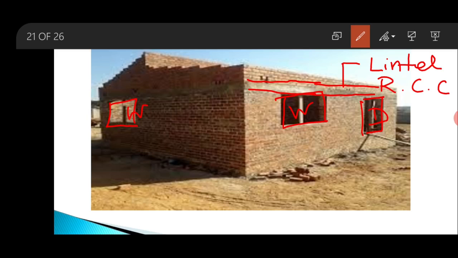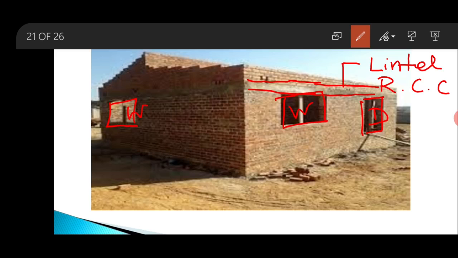While calculating the long wall and short wall of brickwork in superstructure, we have taken it as solid.